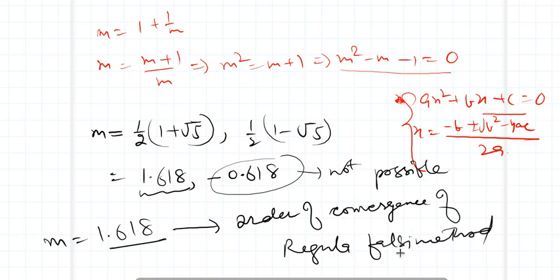Similarly, you can find the convergence of the secant method, and that is also the same, because both are identical, but the difference is in the choice of initial points. So that's all for this lecture.